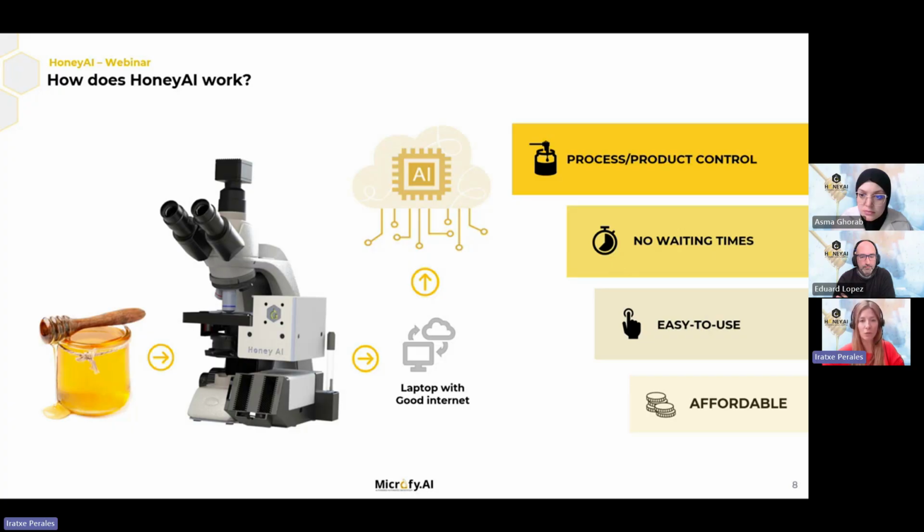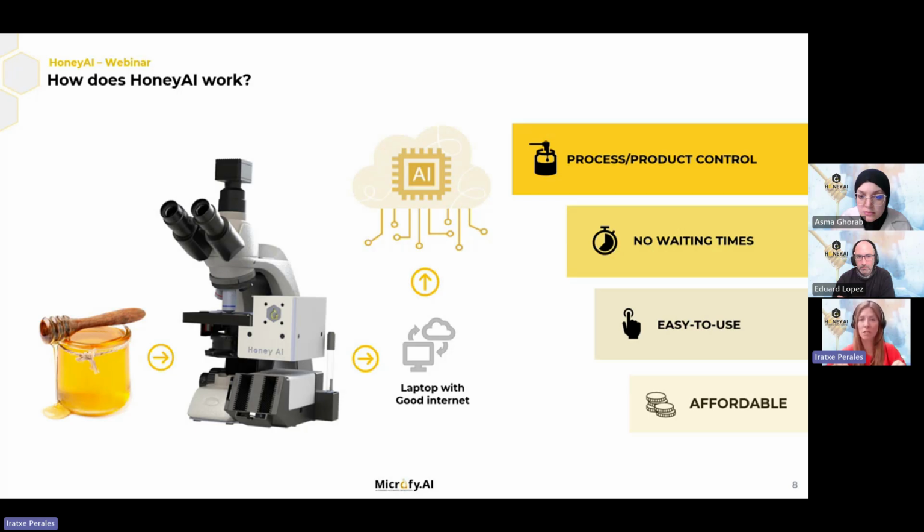Which are the objectives of our HoneyAI device? That you can increase the control of your process and your product, that you don't have waiting times, so you don't have to analyze as a human expert. You don't have to be 1 hour there counting or analyzing. Everything is done autonomously, and you don't have to send the samples to external labs, so you don't have to wait days until you receive the results.